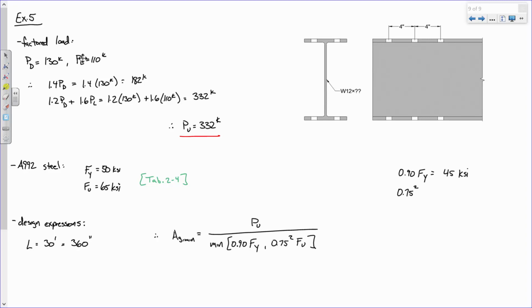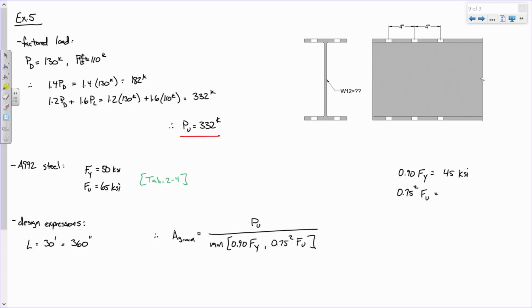And then 0.75 squared. Don't forget that that's squared, okay? Because remember, we have one from our phi value and one from our assumption because we don't know what the net area and the shear lag factors look like, so we have to guess something right now. So we'll say this is FU, but again, it's 0.75 squared.